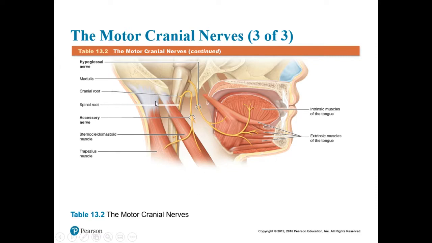And then there's also the trapezius, which is a rather large muscle located in the back, but its upper end forms a connection with the occipital bone to hyperextend, if you will, the head. So that's what the accessory nerve is going to do, as well as the hypoglossal.